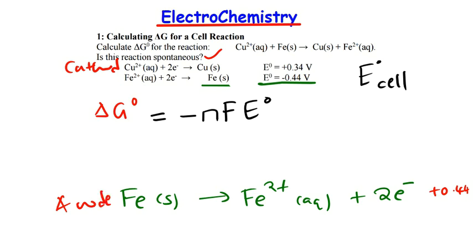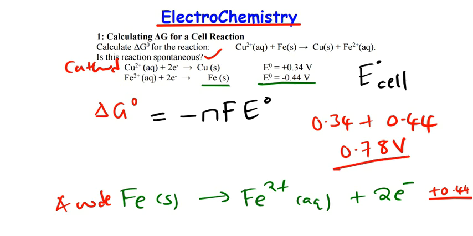So when it comes to the calculation of the E cell, when you've reversed and changed the signs, just add the values. So 0.34 volts on top plus 0.44 volts on the bottom gives you 0.78 volts.